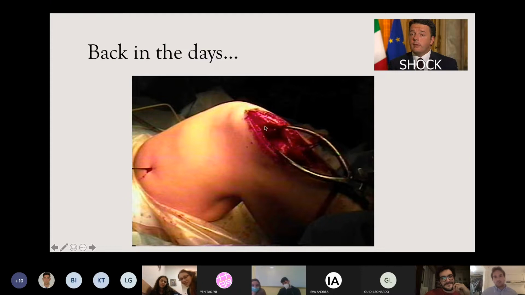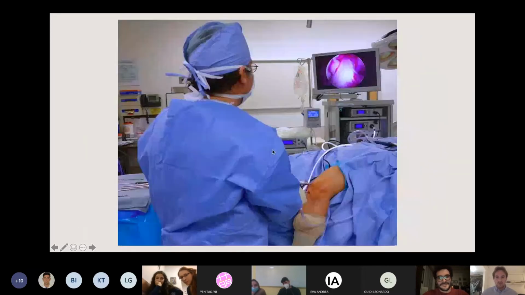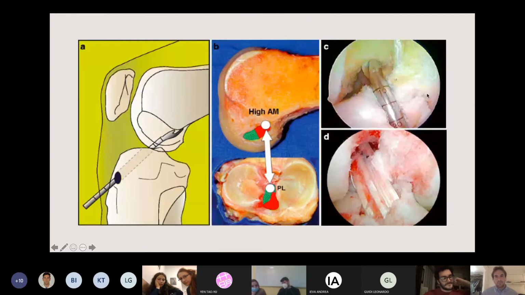A big, long scar, very aggressive, very invasive, not tissue sparing. So as you can see, when I discovered this, it was a kind of a shock to me. And now you can appreciate why, compared to this, we can define this as minimal invasive.